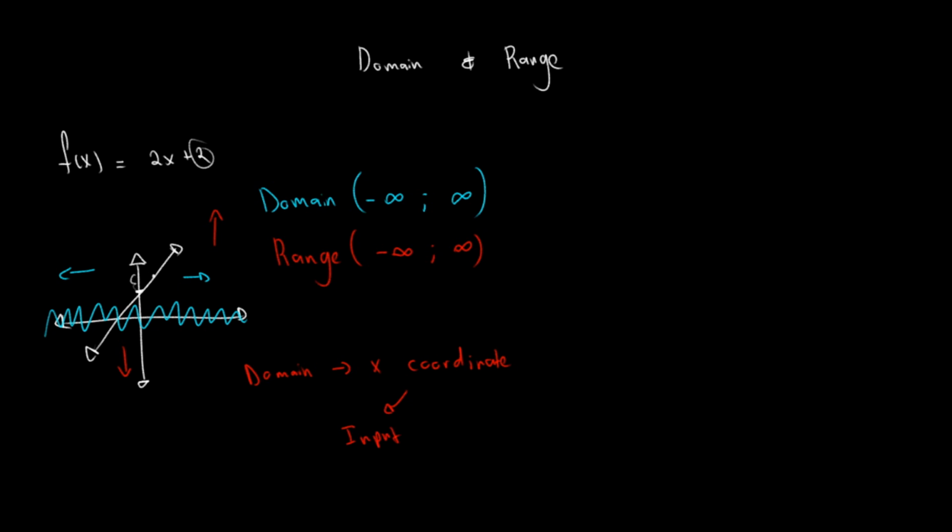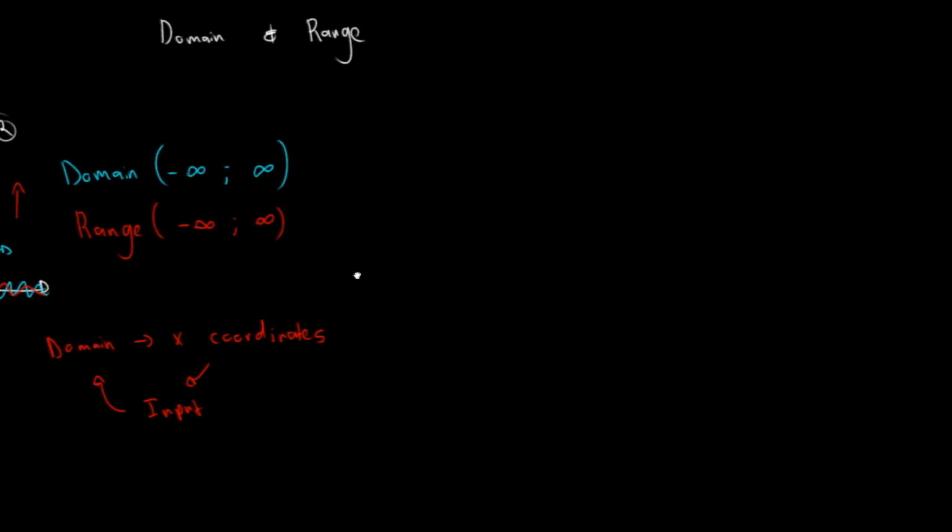So the input is related to the domain, the domain is related to my x coordinates, and my x coordinates are my input. So now we can conclude that my x-axis indicates my domain. And if my x-axis indicates the domain, my y-axis, which is how tall my function is, indicates my range. That's pretty much all you need to know.